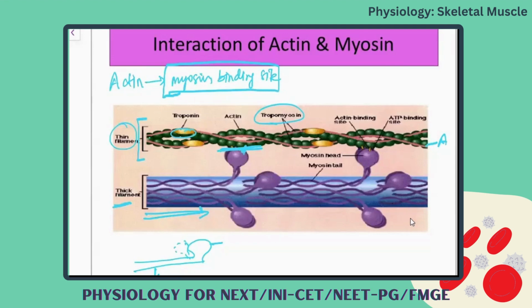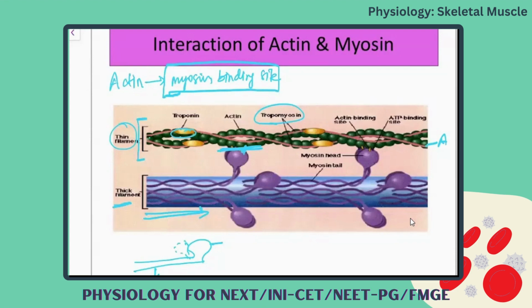Now there is a presence of stimulus. The muscle is going to contract. So what will happen? My nail is exposed. Still the tropomyosin is twisted, but it just moves away from its location to expose the myosin binding site in the actin. Okay, clear? So this will happen in the presence of stimulus.